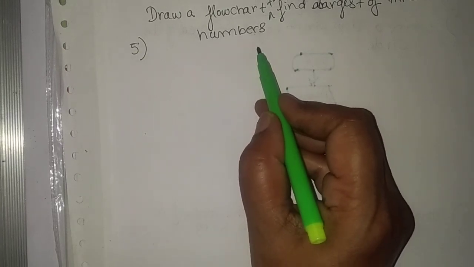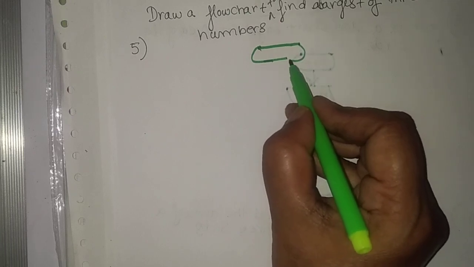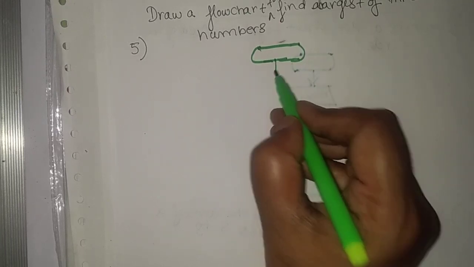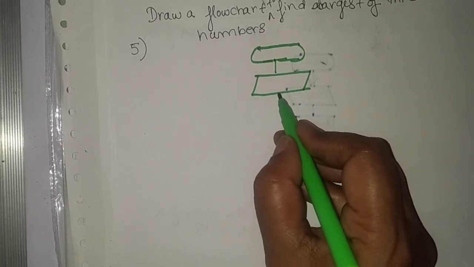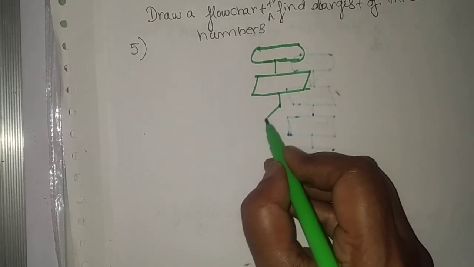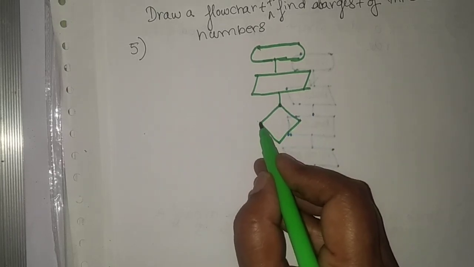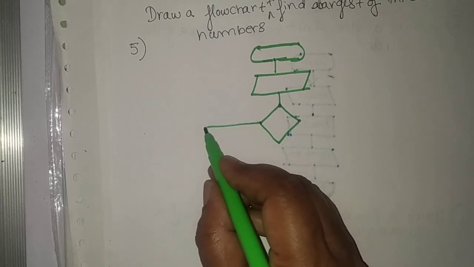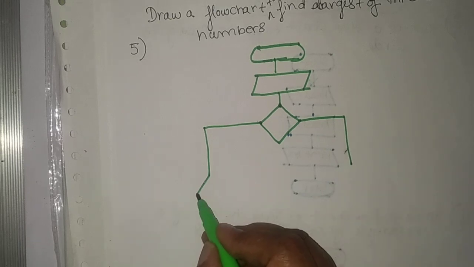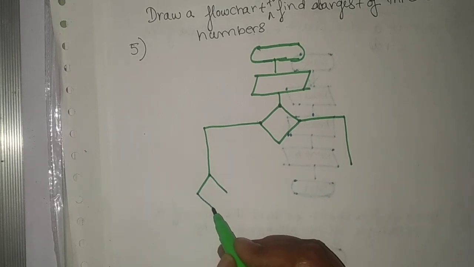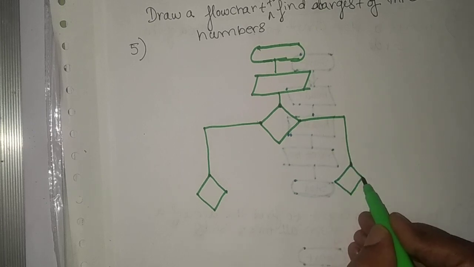Largest of three numbers. So first step is start, then read A, B, C, then we have to use one decision making statement here. So I'll explain. Better you use a scale while drawing the flowchart. This will be uniform and neat.